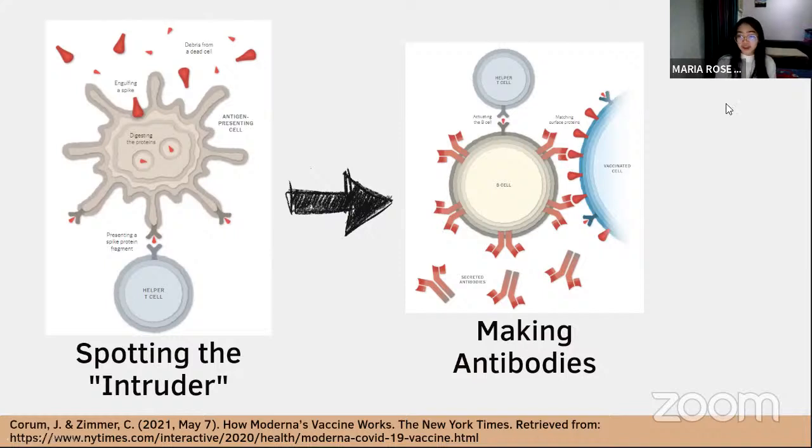A few of the B cells may be able to lock onto the spike proteins. And if these B cells are then activated by helper T cells, which is this one on the illustration, they will start to multiply and pour out antibodies that target the spike protein. So with the helper T cell, the B cell is able to produce these secreted antibodies.